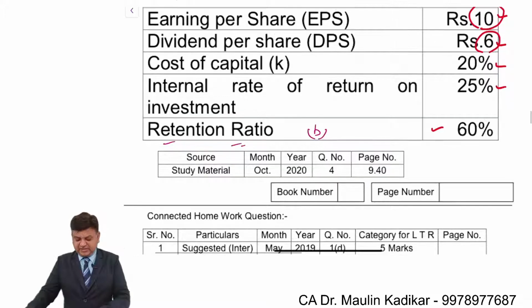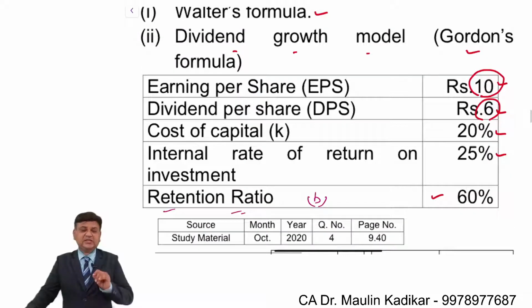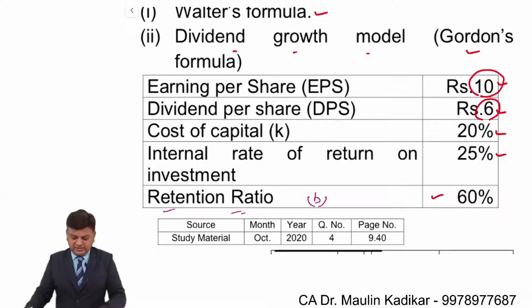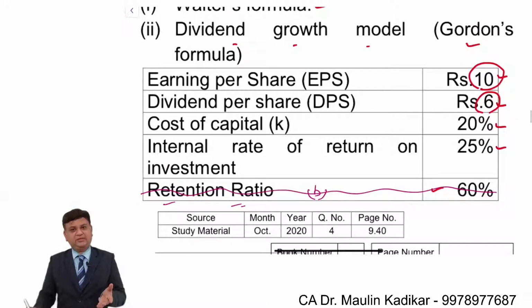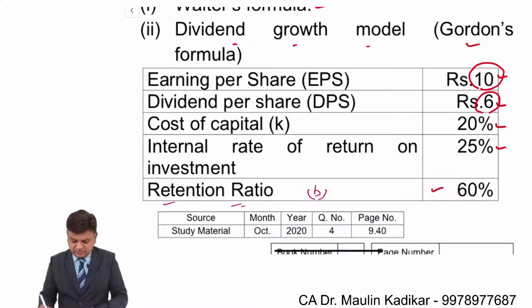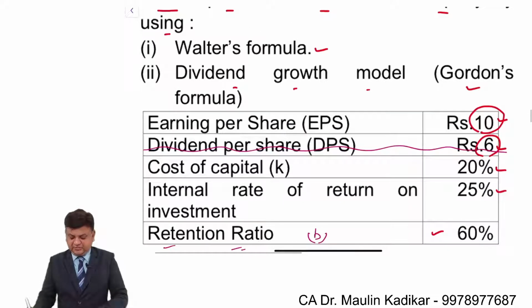That is the reason in this kind of question, friends, you may ignore the retention ratio which is given in the question and answer. Or otherwise, you ignore the dividend per share information which is given in the question and answer. Either way you can compute the answer for market price of equity share and accordingly give the answer.